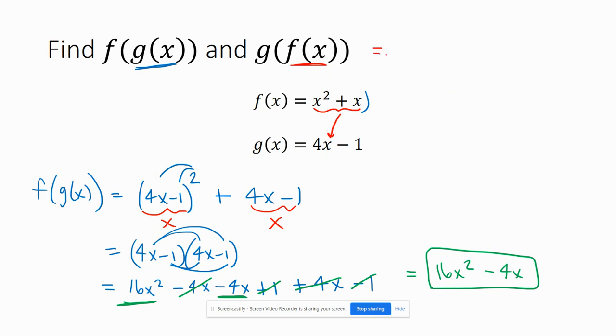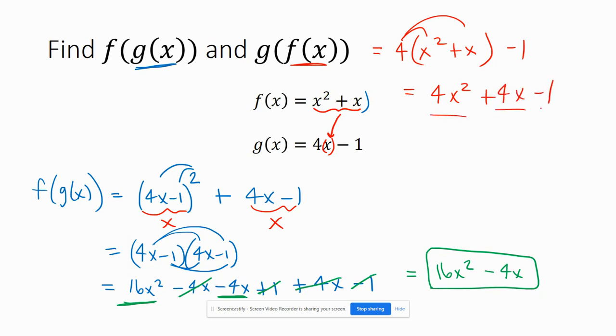So we just take the 4 and we replace this x with x squared plus x. And then copy down the minus 1. Okay, now we have to simplify. And this time we don't have to do so much multiplication. We just distribute the 4. We get 4x squared plus 4x minus 1. These are all different terms, so that is as simplified as it gets.